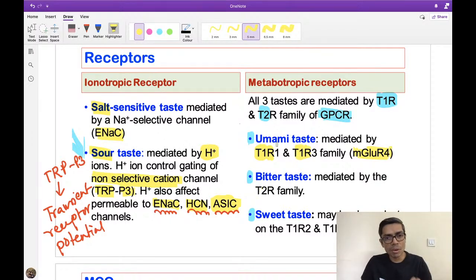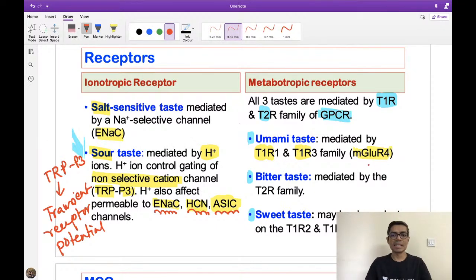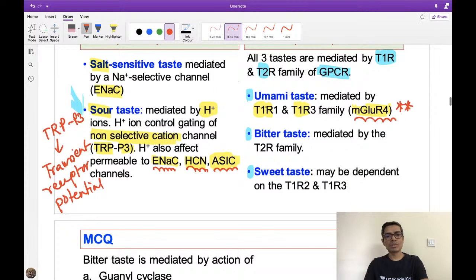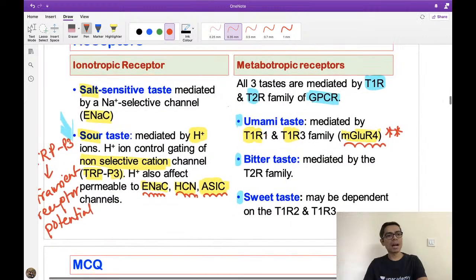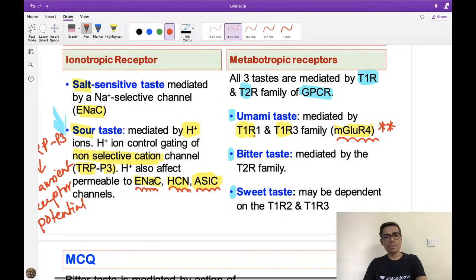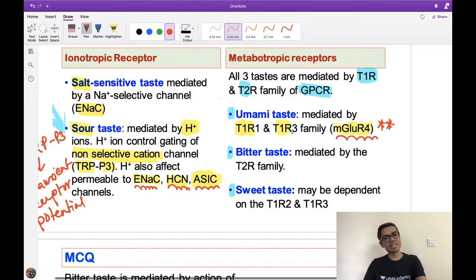If you don't remember all of this detail, at least remember that it is nothing but the metabotropic glutamate receptor type 4 which is responsible for umami taste sensation. Okay, but it will be better if you also remember that this is nothing but T1R1 and T1R3 receptor family.